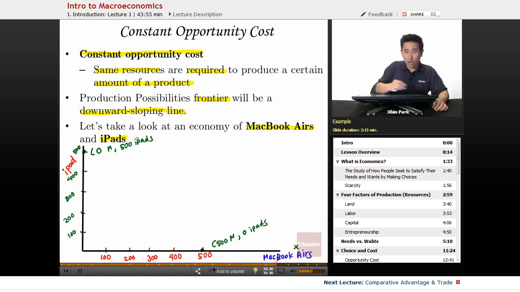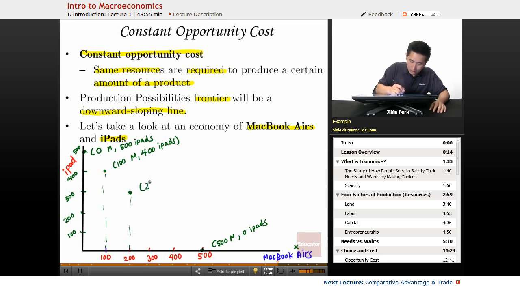Now, if you move along the production possibilities frontier, you can decide to produce 100 MacBook Airs, but now you're giving up production of another 100 iPads. Now you can produce 100 more as well, but now you're getting 200 MacBook Airs and only 300 iPads. And then you could produce 100 more, but again, you see the trend. The opportunity cost is going to be constant.